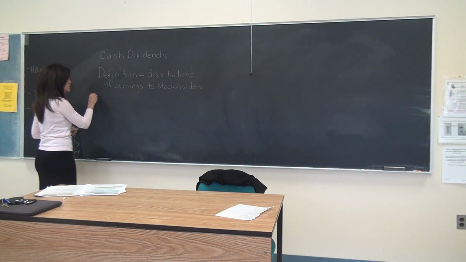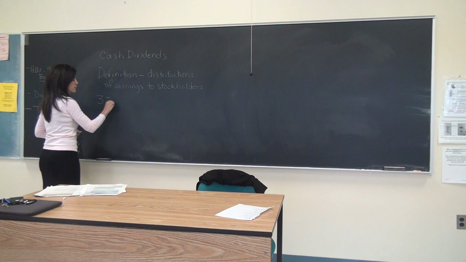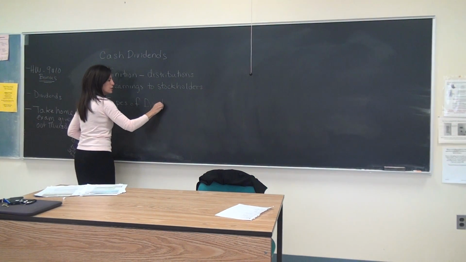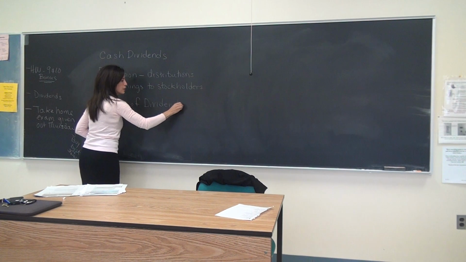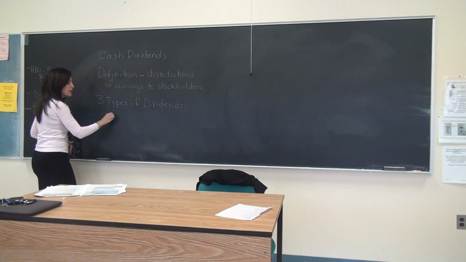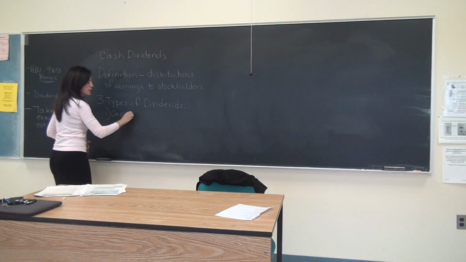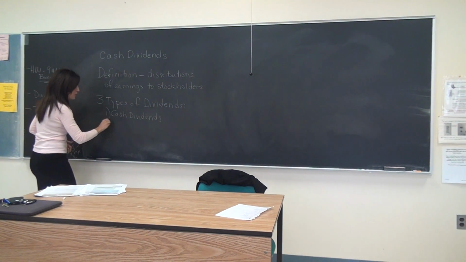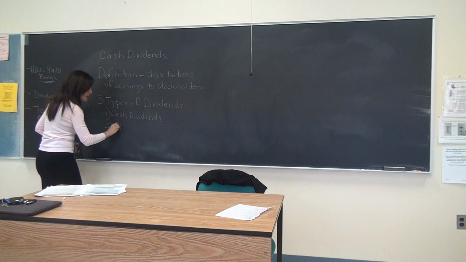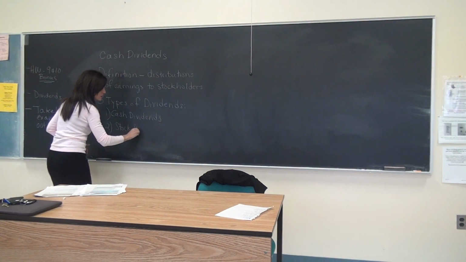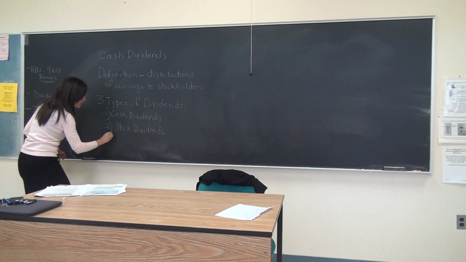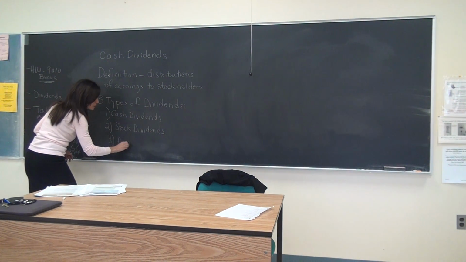There are three types of dividends. There are cash dividends, which we'll talk about first. There are stock dividends. And there are property dividends.